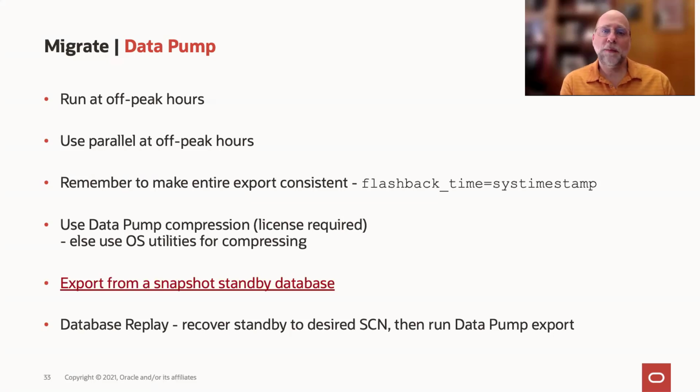But we can export from a snapshot standby, and we'll talk about how to do that in a little bit of detail here. That also allows you to coordinate with Database Replay by exporting as of a specific SCN and having your database capture from Real Application Testing start at that SCN. We can get a really good start point for both our replay and our export.